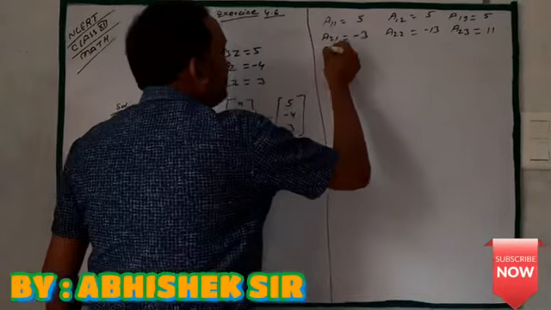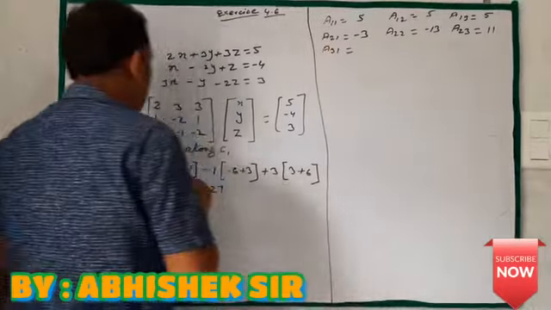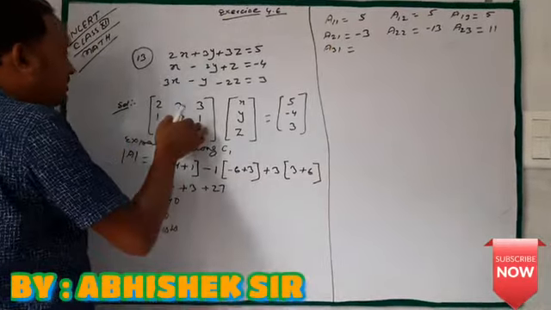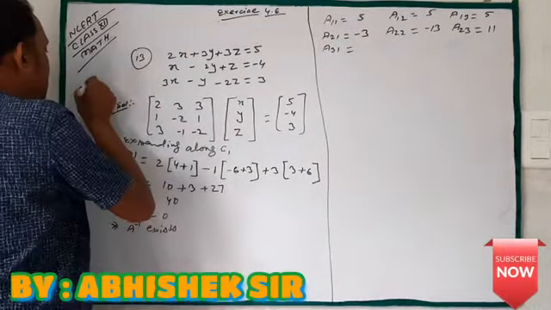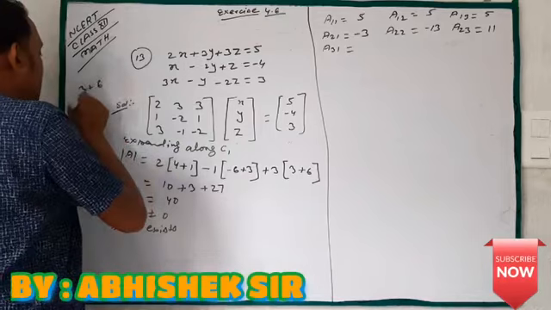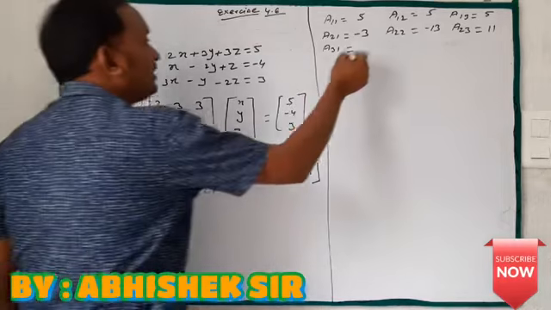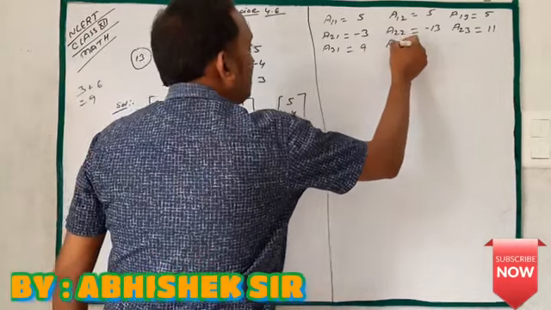Now A31, third row first column, this is 3 times 1 is 3, 2 times 3 is 6, minus 6 minus plus 9, positive 9.